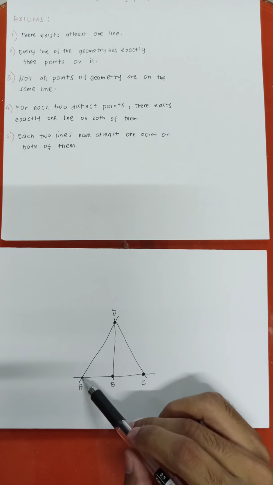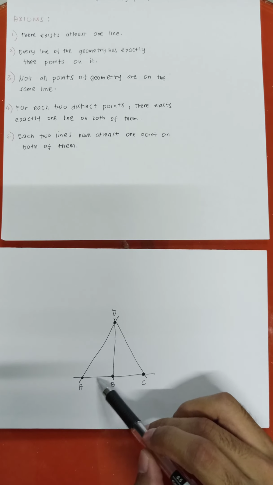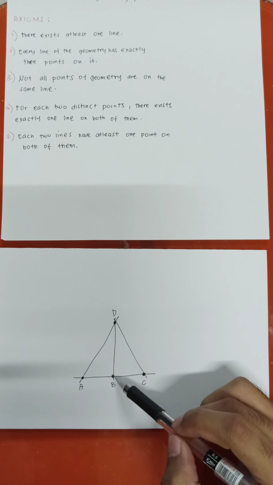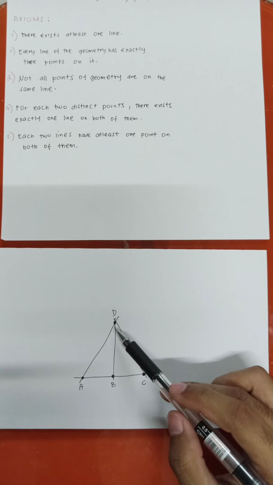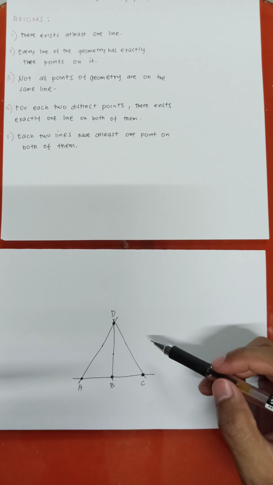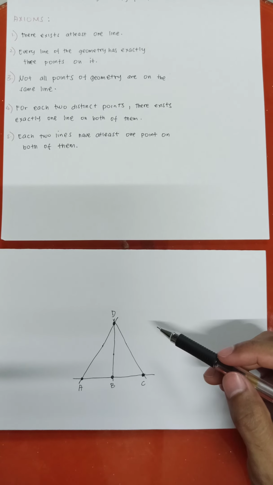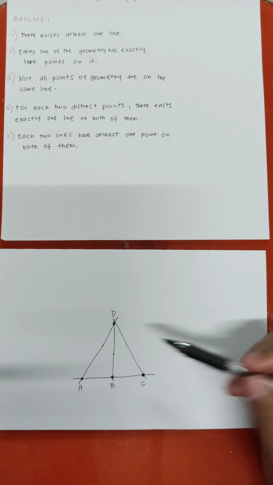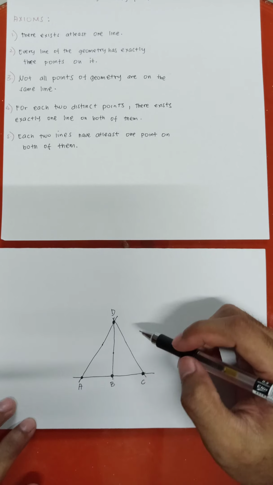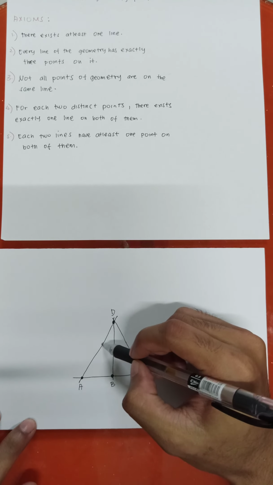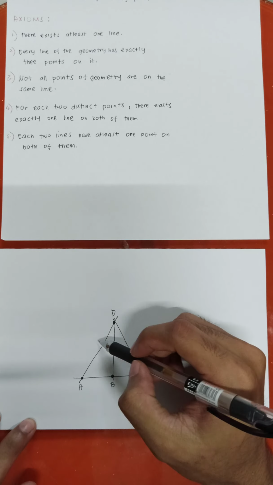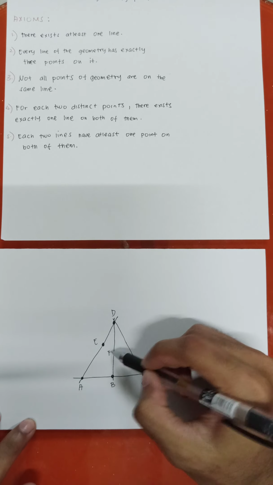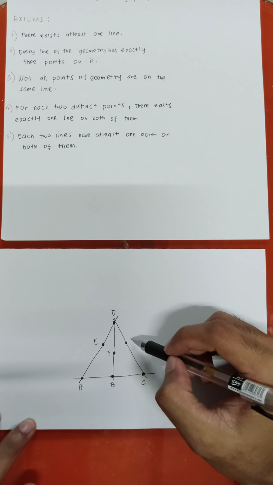The same goes for point B, point C, and point D. Since the definition says that there must be 3 points on every line, we must add other points, labeled as point E, point F, and point G.